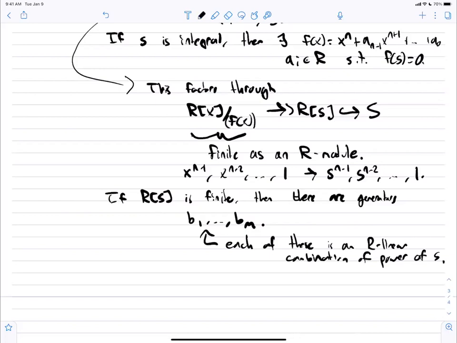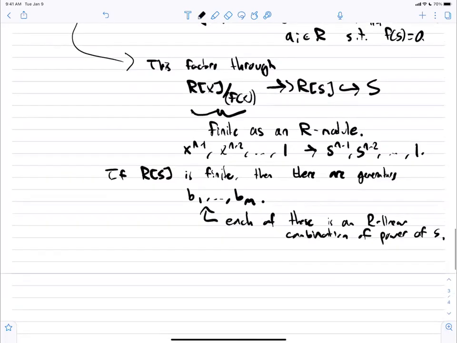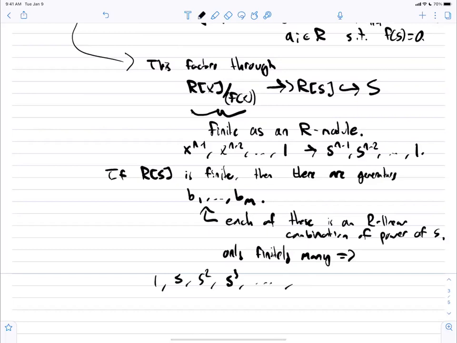And since there are only finitely many of them, there's some highest power of s appearing in those combinations. So this implies that 1, s, s squared, s cubed, all the way up to s to some big power N is also a generating set, just as an R-module.